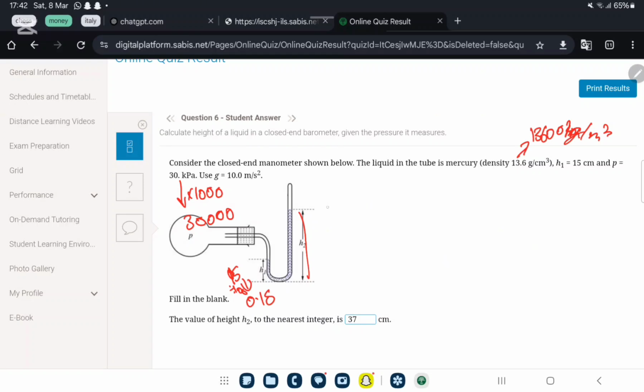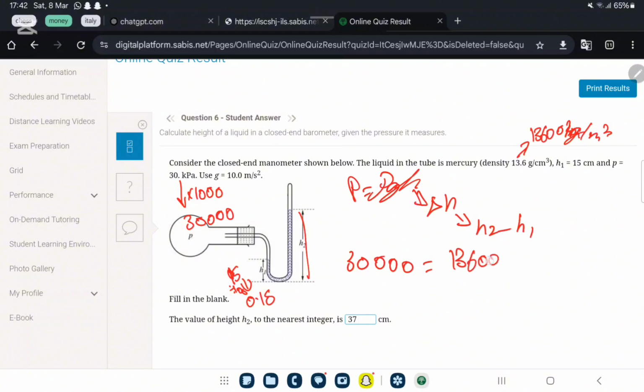We use P equals density times g times h. H here is delta height, so H2 minus H1. Pressure 30,000 equals density 13,600 times 10 times (x minus 0.15).